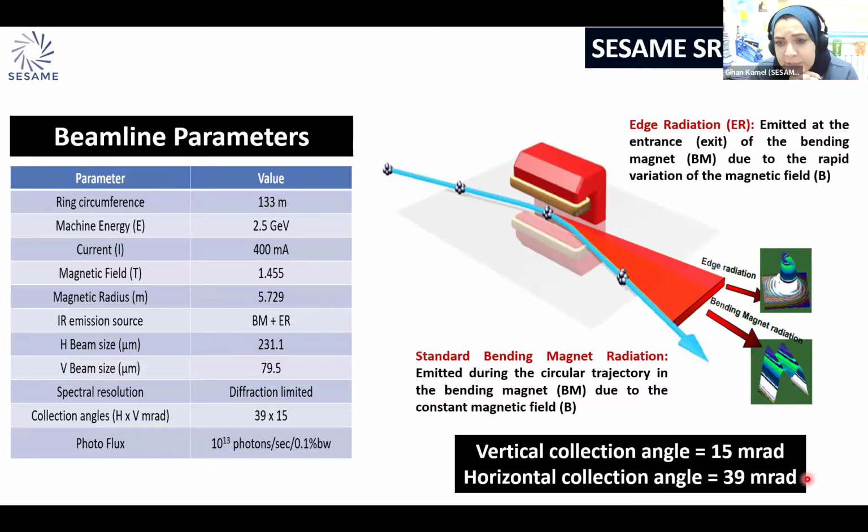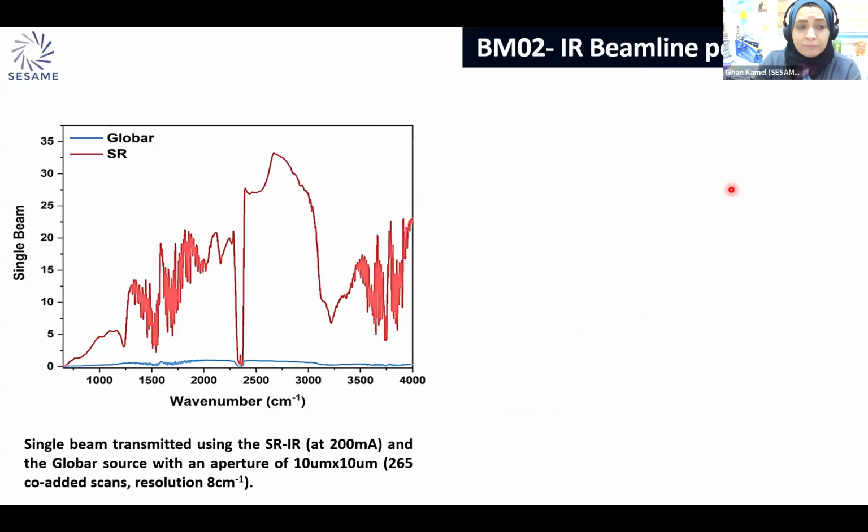So what we are collecting here is the standard bending magnet radiation, and also the edge radiation. And I recall that maybe Andrea also mentioned this in his presentation, in his tour.